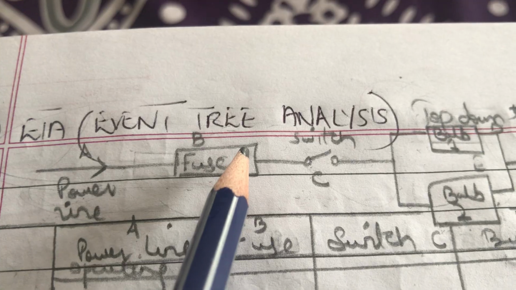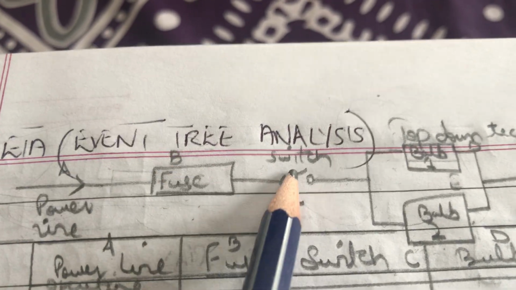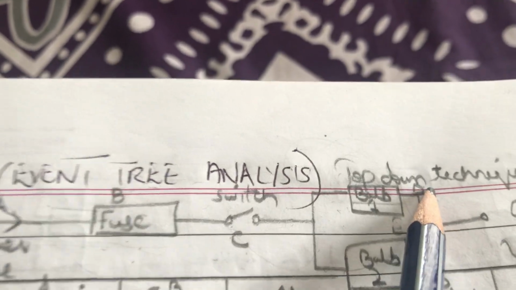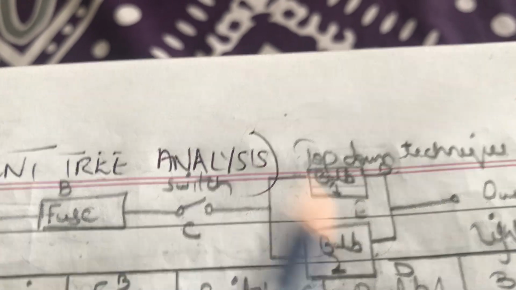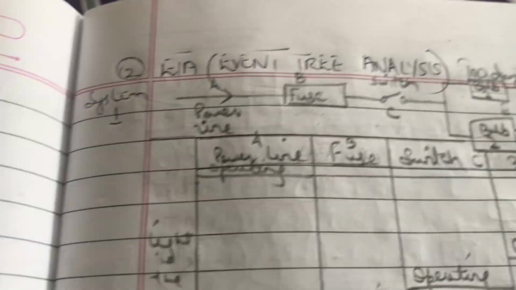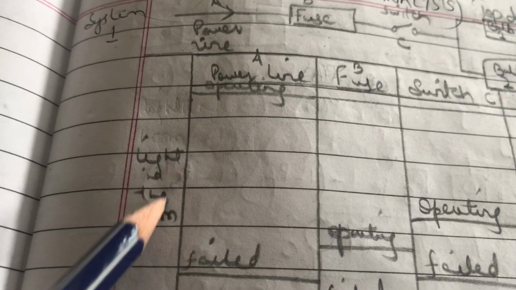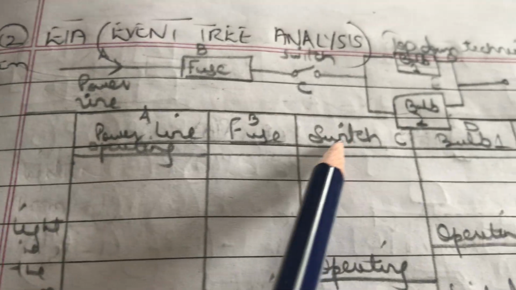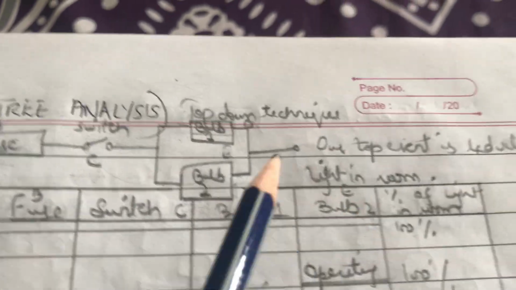The power line is A, the fuse is B, the switch is C, bulb 1 we call D, and bulb 2 we call E. So this is our system: we have A, B, C, D, E. The same we can write in our table: light in the room. First the power line is A, fuse is B, switch is C, bulb 1 is D, and bulb 2 is E.